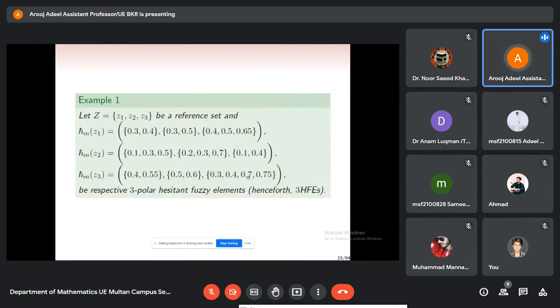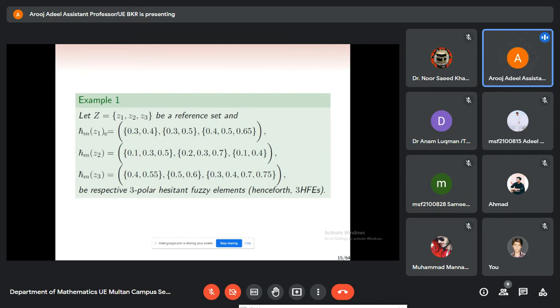Next we move towards the example of the M-polar hesitant fuzzy set, which is very helpful to understand the concept. Here in this example, we take Z as the reference set, and the M-polar hesitant fuzzy set according to each element of the reference set is defined over here.